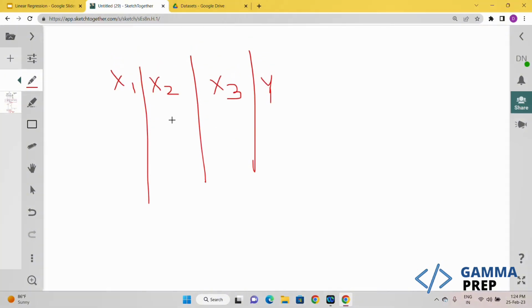The last assumption is that these, if we are calling them independent attributes, they actually should be independent. They should not be related, they should not be correlated. So x1, x2, and x3, these independent variables should actually be independent. That is, there should not be any correlation between the independent variables. And what is multi-collinearity? Multi-collinearity.